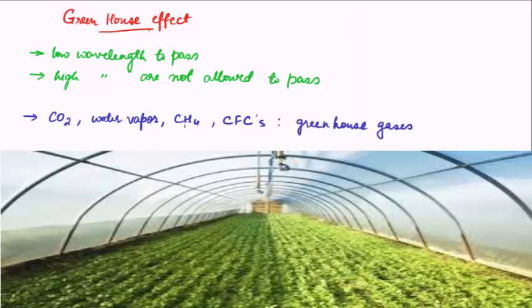These gases present in the atmosphere play a role similar to the glass walls of a greenhouse establishment. The sun's radiations pass through the layers of the atmosphere, reach the Earth's surface, and are absorbed by the Earth.